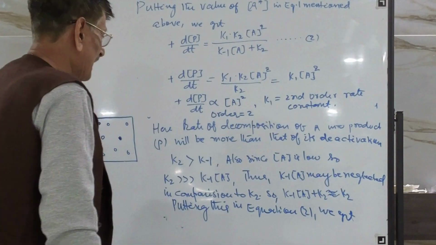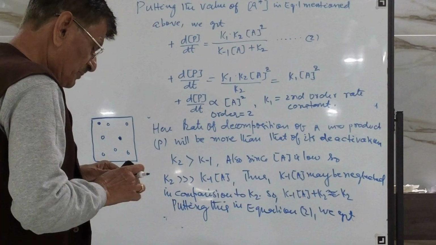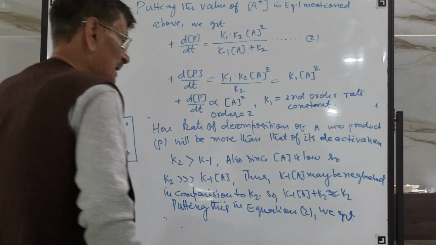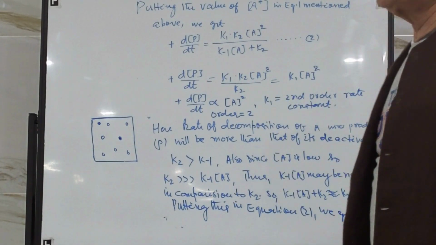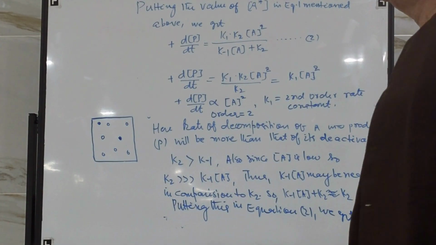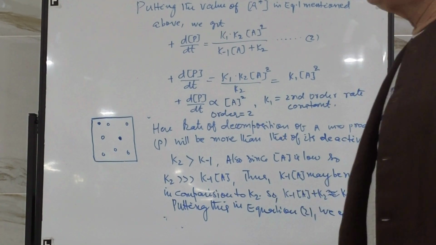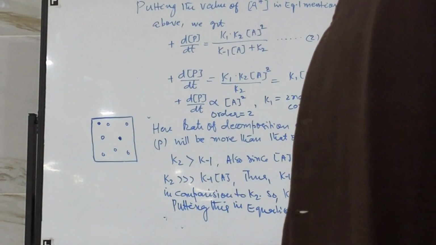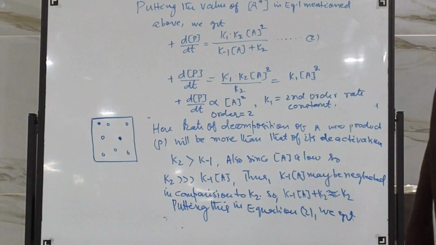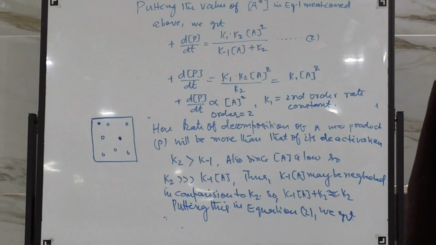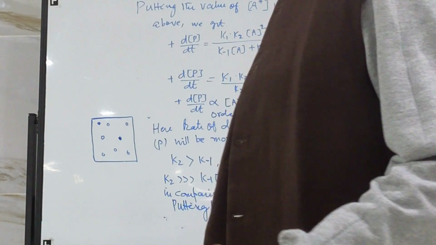Thus, we see that when there is a collision between two molecules in any reaction, that is, a bimolecular collision, two cases will arise. The activated molecule will get deactivated more than it will convert into the product, and in such a case the reaction will follow first order kinetics.